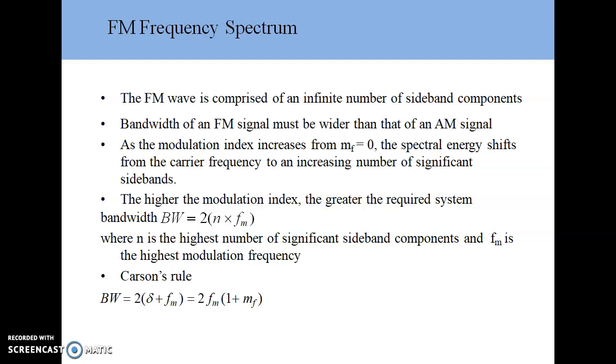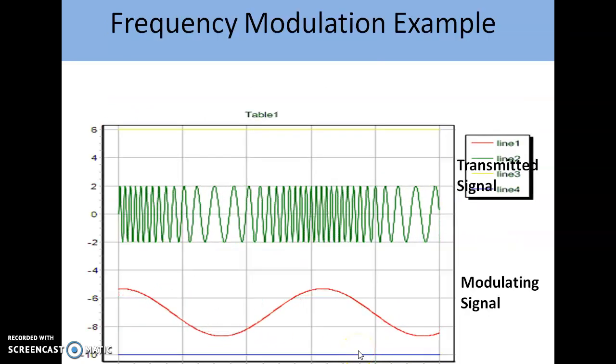In FM, the frequency spectrum has an infinite number of sidebands. In AM, we had just two sidebands, upper and lower sidebands. So, if we were to calculate the bandwidth according to Carson's rule, then it is given by 2 into delta f plus fm. So this is the simulation.